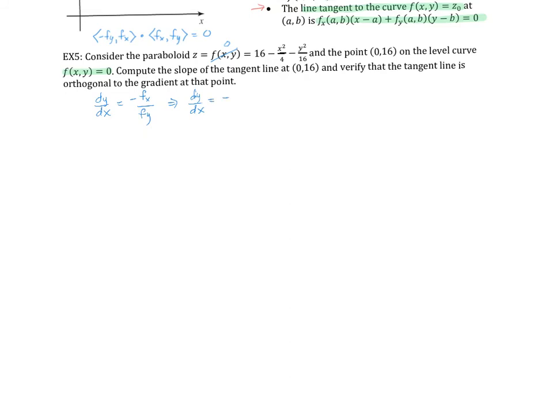The partial with respect to x would be negative 2x over 4, or negative x over 2. I'll put that in parentheses. The partial with respect to y is negative 2y over 16, so negative y over 8. And that simplifies to negative 4x over y.